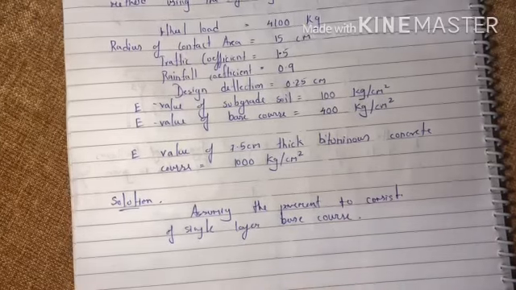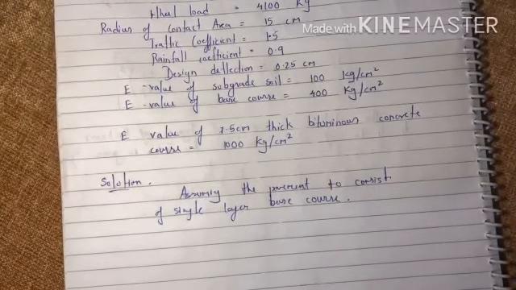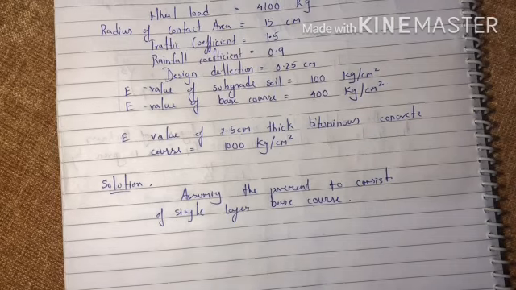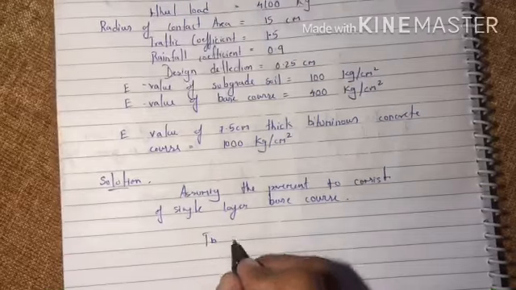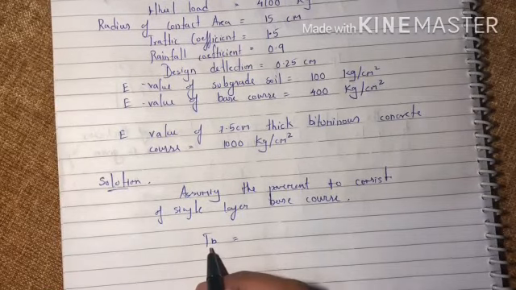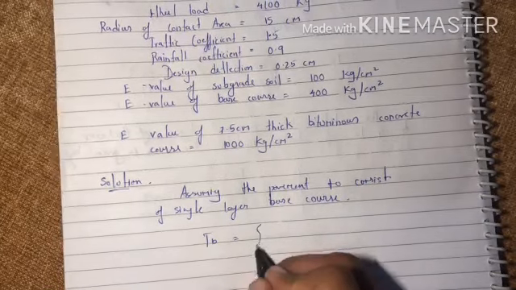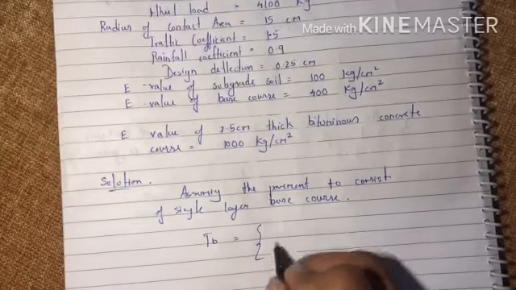So assuming the pavement of single layer base course material, the thickness, I just write it as thickness of base course TB is equal to, the same equation will be used here.